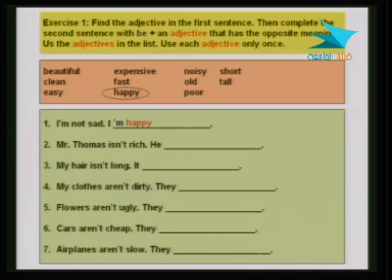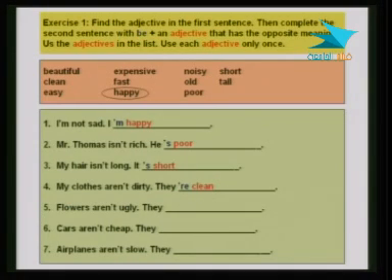Sentence number 2. Mr. Thomas isn't rich. Rich means غني. If he isn't rich, then that means he's poor. My hair isn't long. It's short. My clothes aren't dirty. They're clean. Now let's do the fifth one.